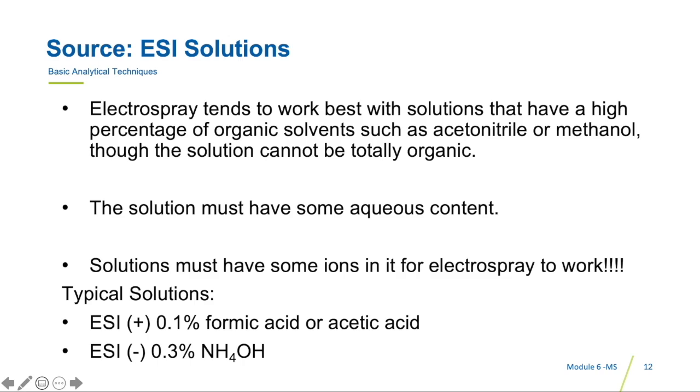However, we need to have at least some aqueous phase with a modifier, such as acid or ammonia, because we need a source for the H plus or OH minus that give or take the charge to form a molecular ion. Typical acids that promote ionization in positive mode are acetic and formic acid, while ammonia is a usual modifier for ESI in negative mode.